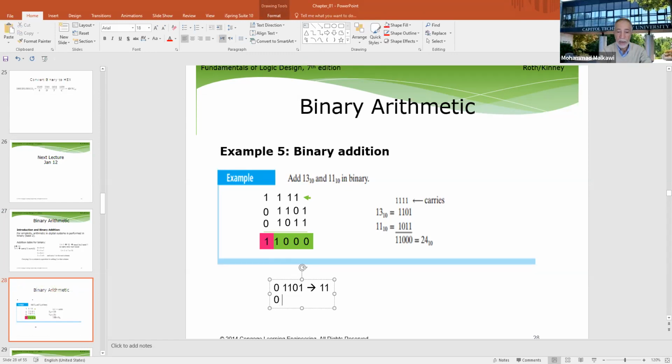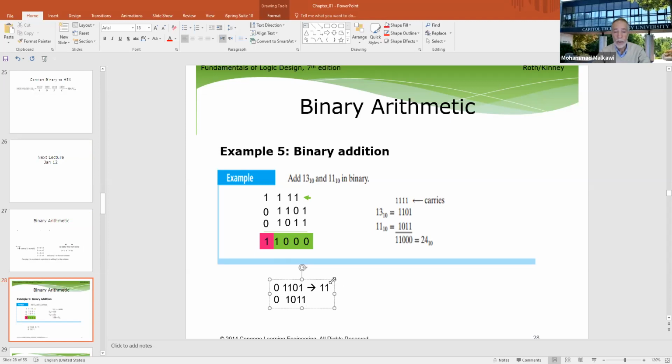And I am adding plus 1, 0, 1, 1, which is 11. So the result should be 24.